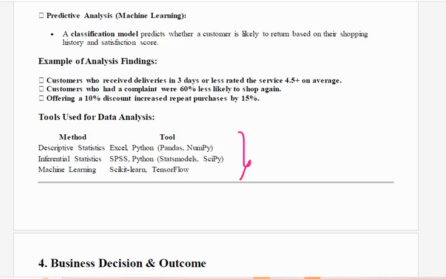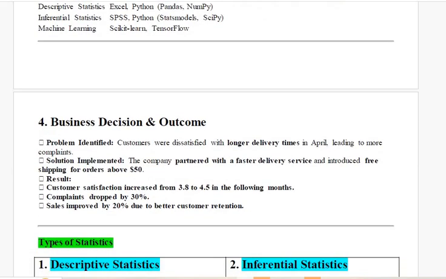Next, the business decision and the outcome. After collecting, organizing and analyzing is over, the company should take some decisions based on the analysis. The problem identified: customers were dissatisfied with longer delivery times in April, leading to more complaints.